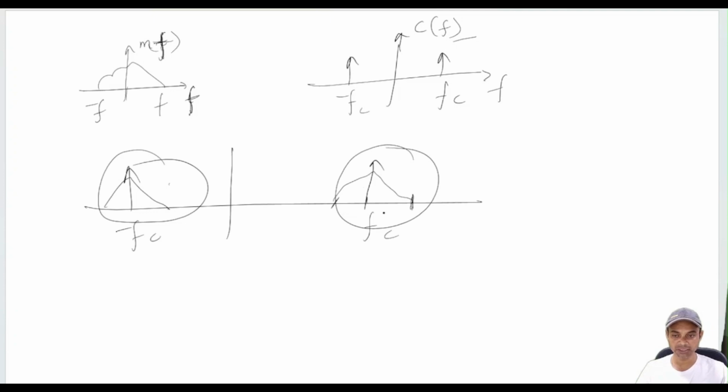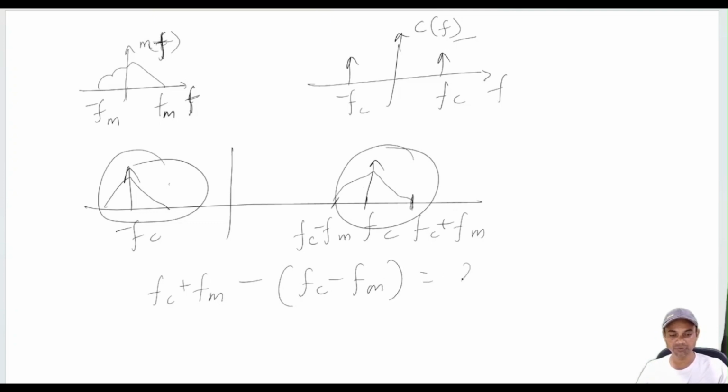Suppose this is fm, this is minus fm, this is fc plus fm, and this is fc minus fm. The total bandwidth is fc plus fm minus fc minus fm, which gives 2 fm. In the case of AM, we are transmitting 2 fm bandwidth, which is 2 times the message signal bandwidth.